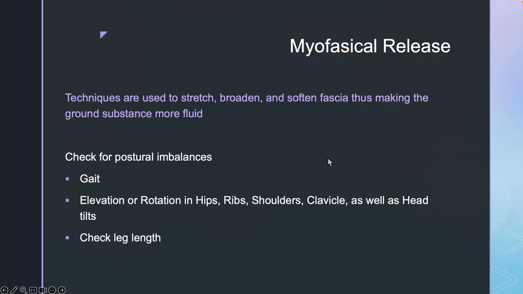A big one is to check the length of the leg. Most humans don't actually anatomically have a shorter leg. Most of the time, if you notice one of their legs is shorter, it is not a structural problem, it is a musculoskeletal issue. So it is tissues doing that.